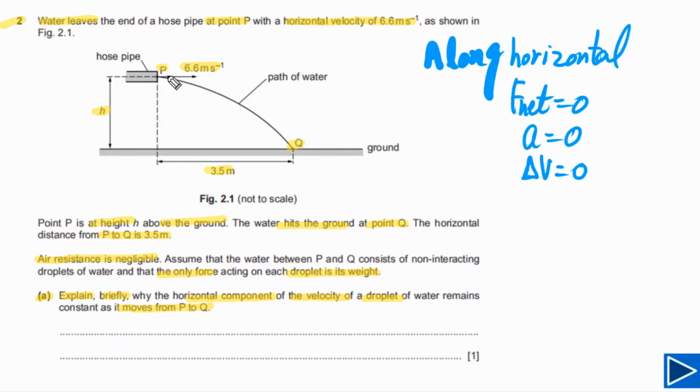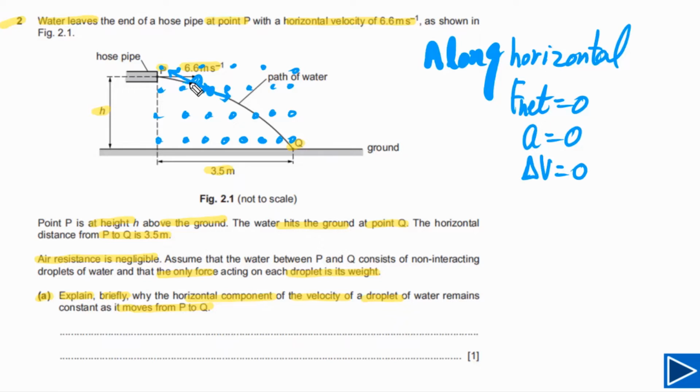Imagine that if there was air resistance, for example, then you would see air particles like this. So imagine that if there was air resistance, what would happen? You can imagine these are air particles. Now when water is falling, let's say this is one big droplet of water. This one hits this air particle. When it hits the air particle, it applies force on the air particle in this direction, and the air particle applies force on this one in the opposite direction.